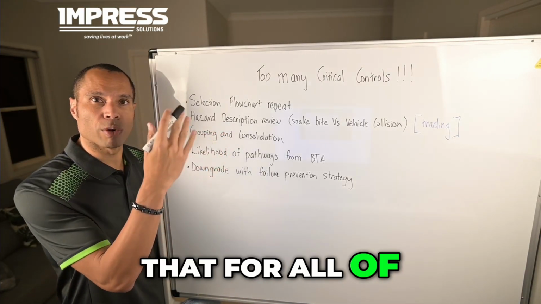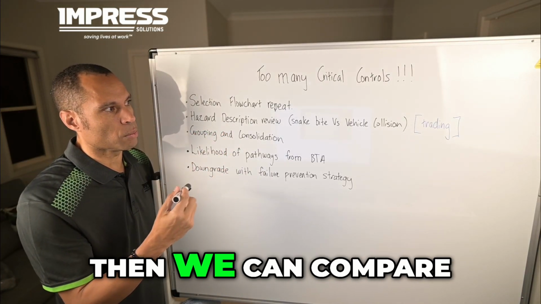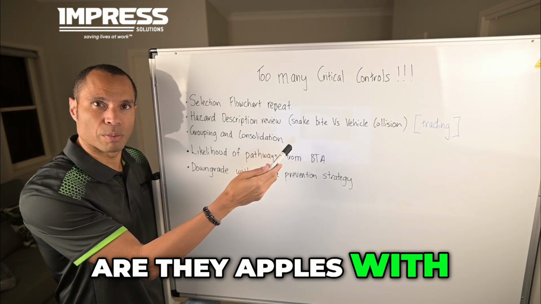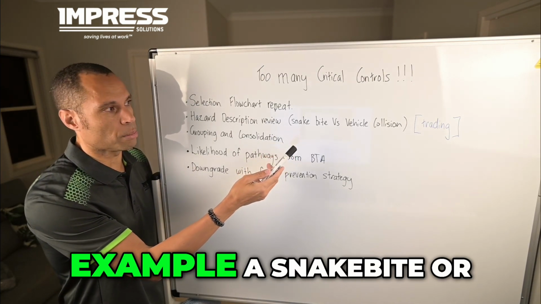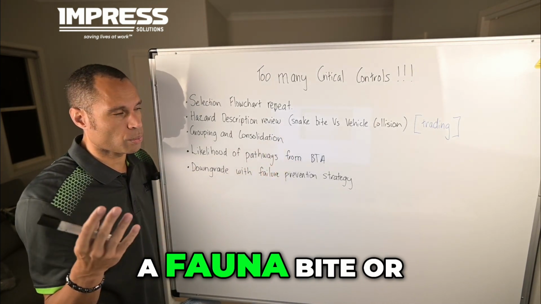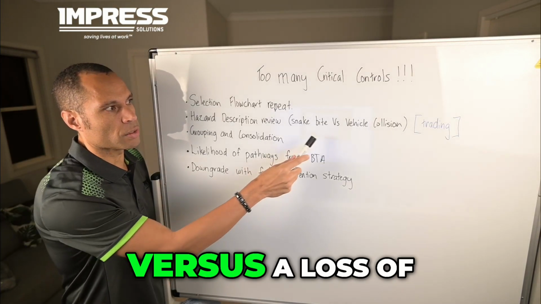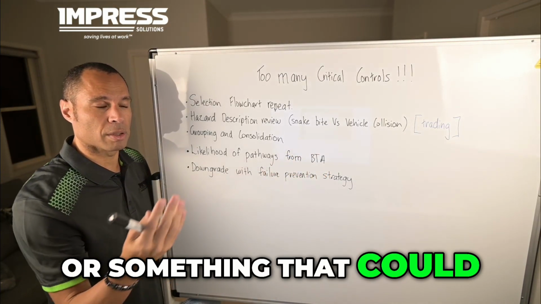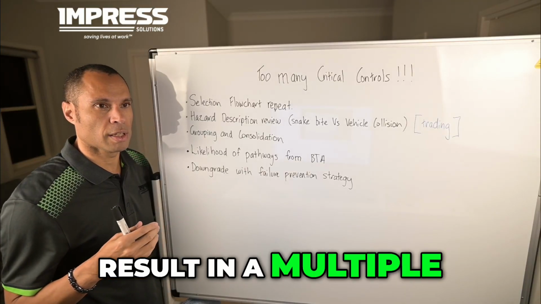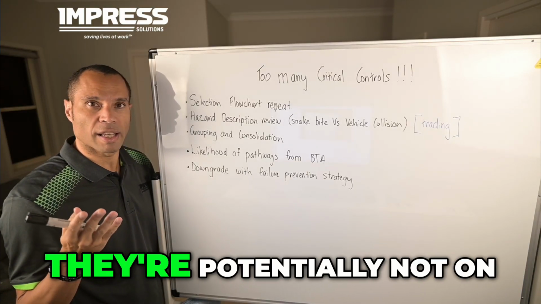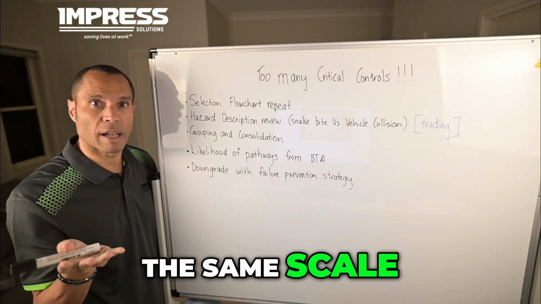And once we've done that for all of our critical risks, then we can compare, are they apples with apples? So let's say, for example, a snake bite or a fauna bite or something like that, should that be one of the critical risks, versus a loss of control of a vehicle or something that could result in a multiple fatality outcome? They're potentially not on the same scale.